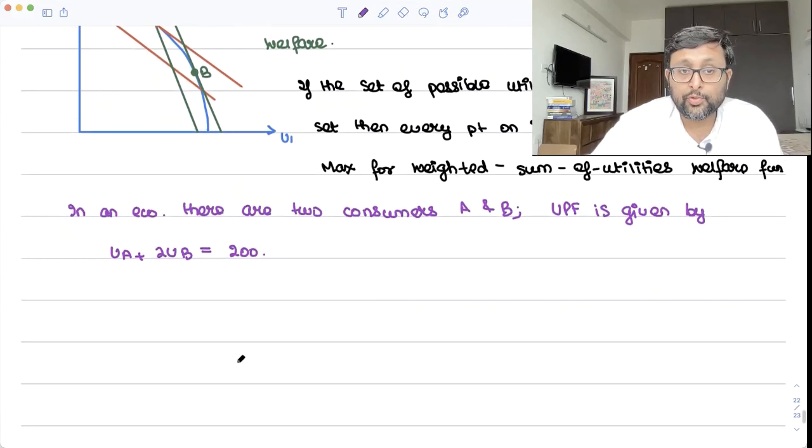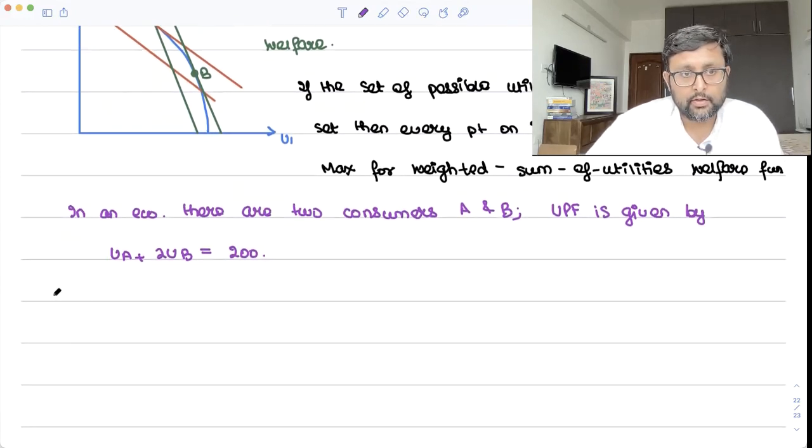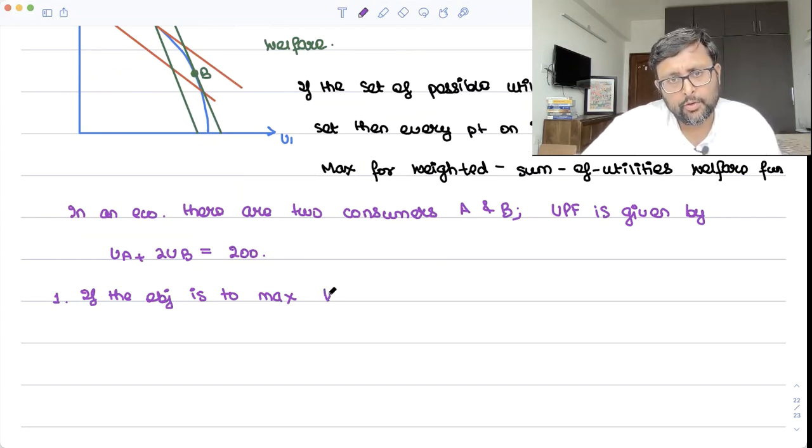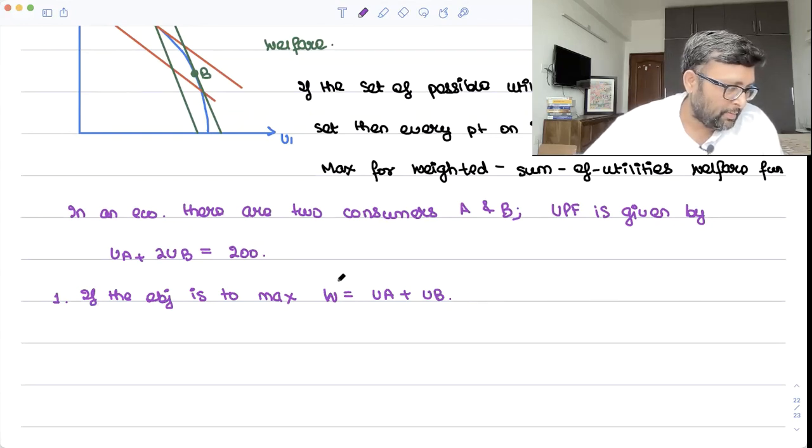So if the objective is to maximize this, let's say W is equal to UA plus UB, right?